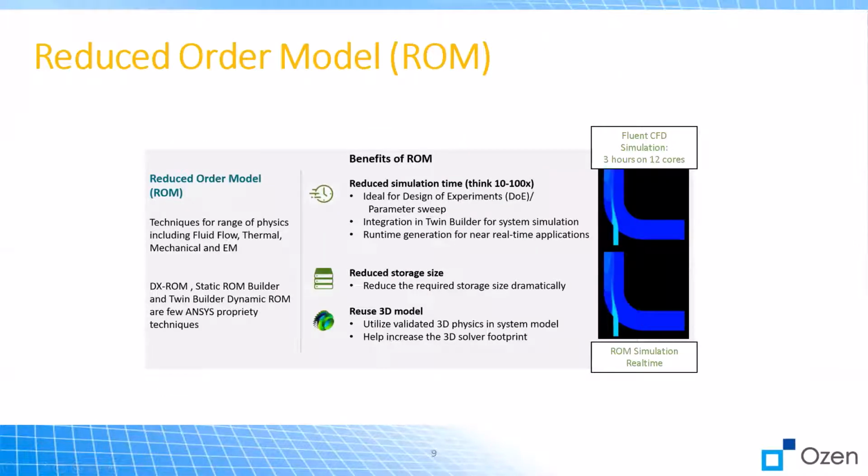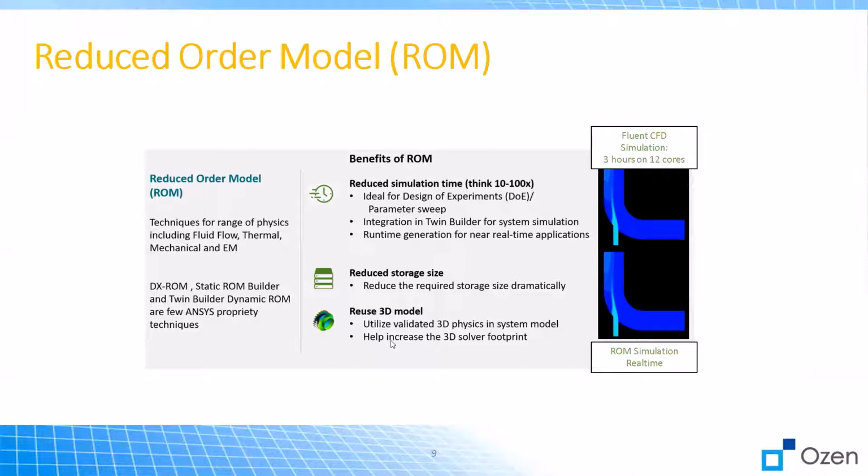So what is the reduced order model, or ROM, that I mentioned in the previous slide? Basically, it's a simplified and condensed high-fidelity model. It supports the full range of ANSYS physics and reduces solve time by multiple orders of magnitude, similar to response surface methodology. This enables real-time savings.